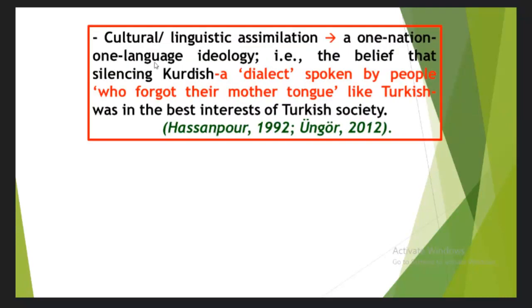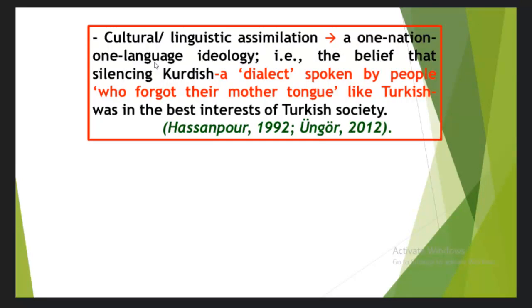For example, in Turkish society, due to cultural and linguistic assimilation, one of the ideologies is a one nation, one language ideology. So people in Turkey think that it is better to silence Kurdish. Kurdish is a dialect spoken by people who forgot their mother tongue.